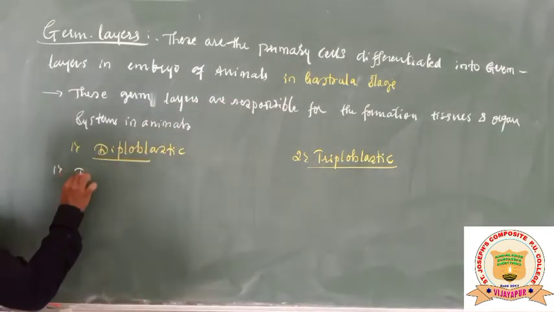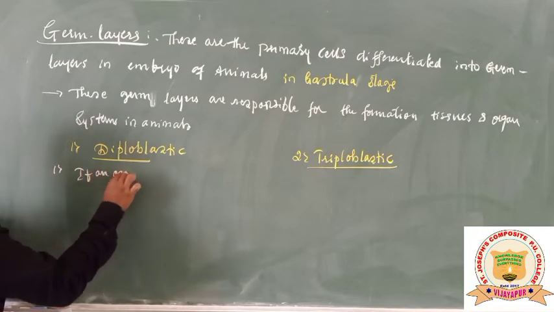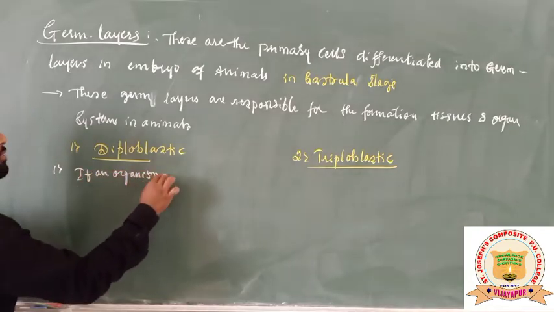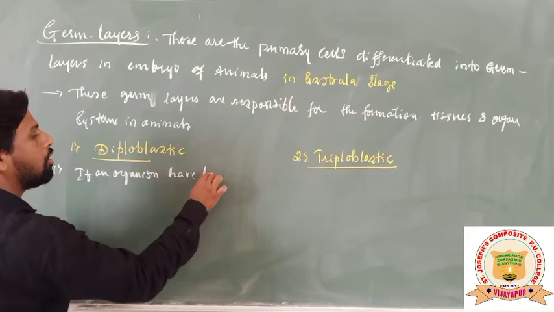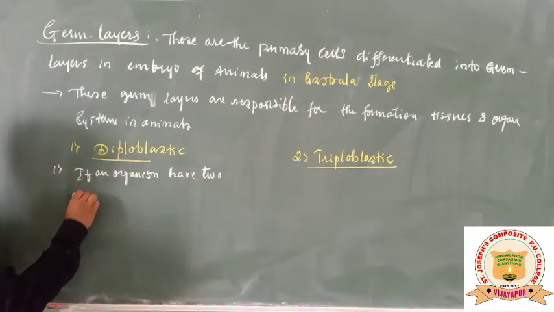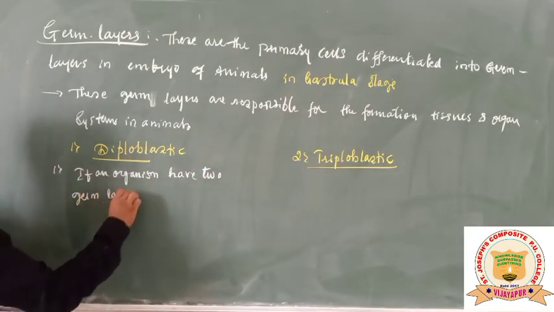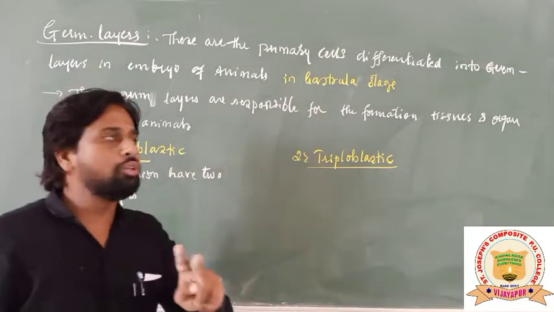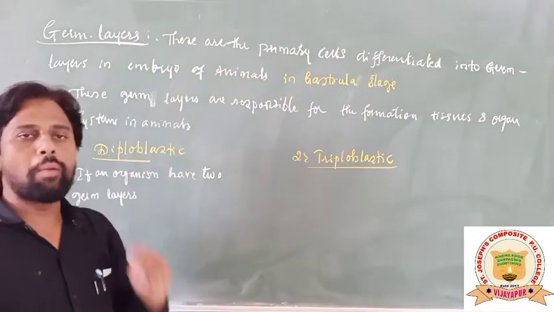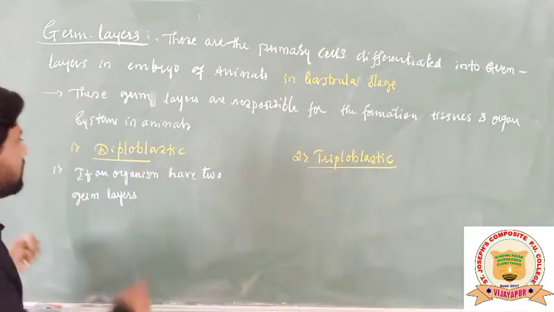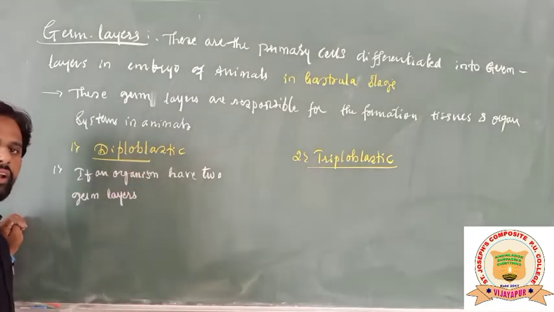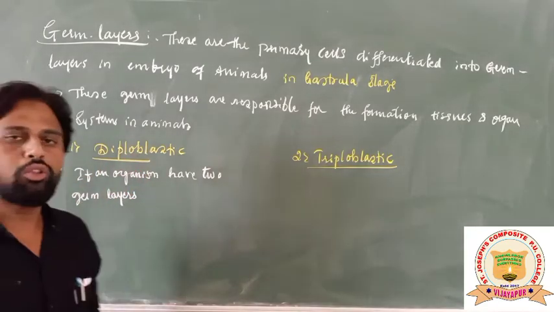So if an organism has two germ layers, meaning there are mainly two primary cell layers, it is considered as what here? Diploblastic.